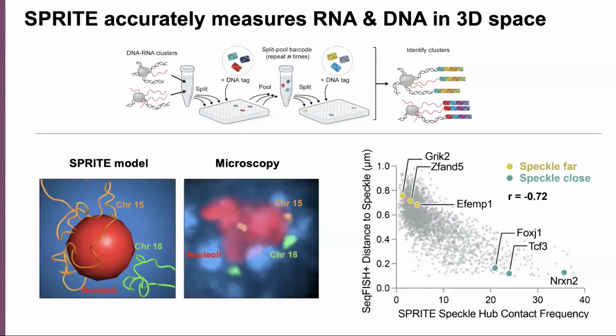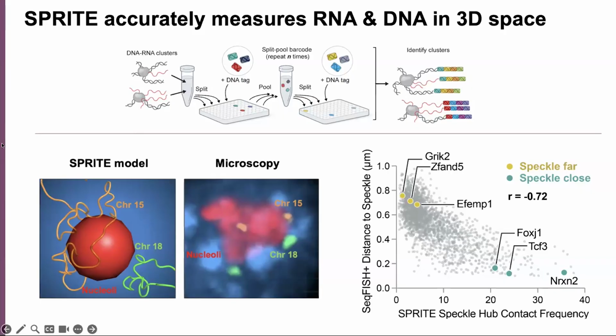I won't go into detail about how our SPRITE methods work, except to say that using this approach, we can map both DNA, RNA, and RNA interactions, but also where these interactions occur in 3D space. And we can build out spatial models of these interactions using these direct measurements.